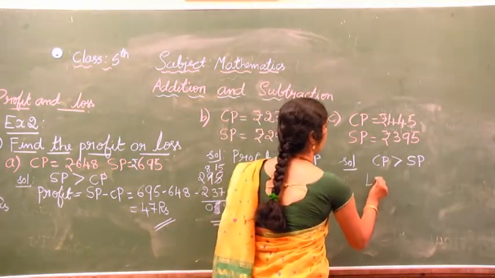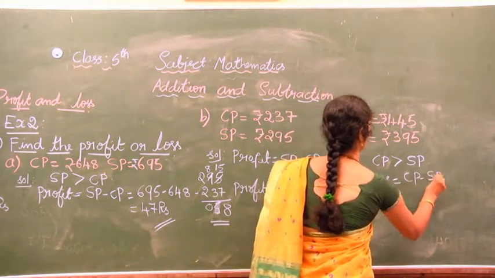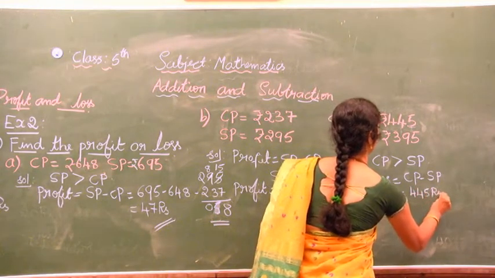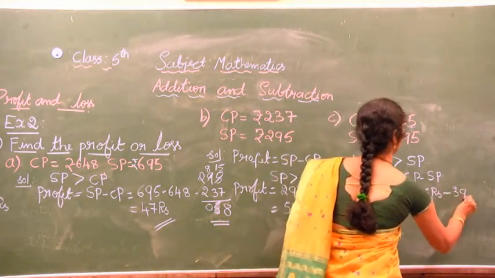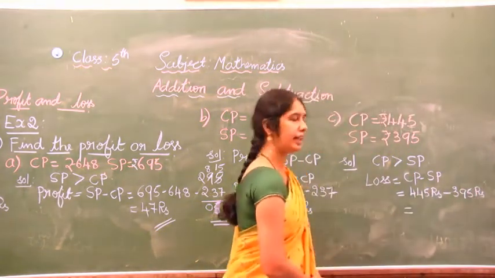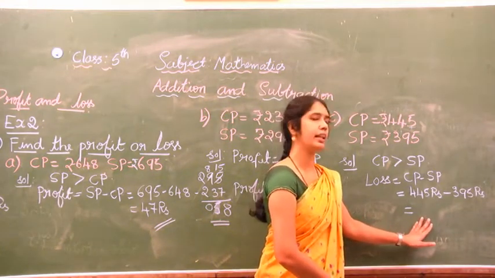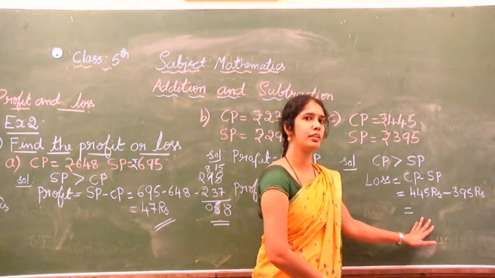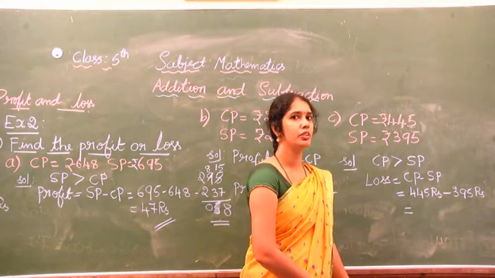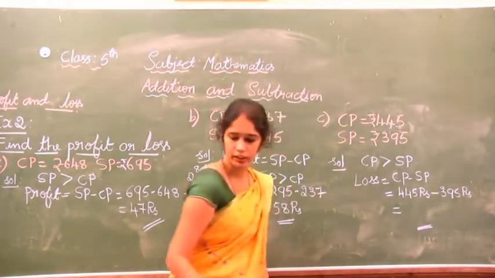Just I will write loss equal to CP minus SP, 445 rupees minus 395 rupees. Subtract and write the answer here. Can anyone tell me the answer for 445 minus 395?